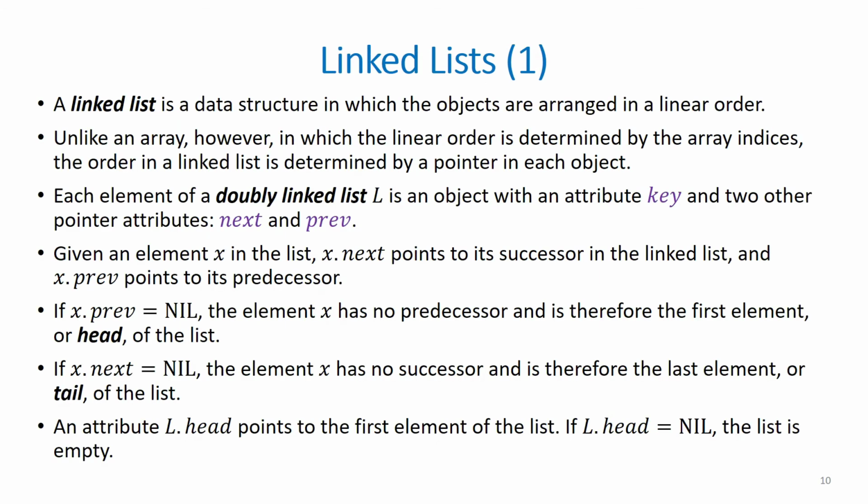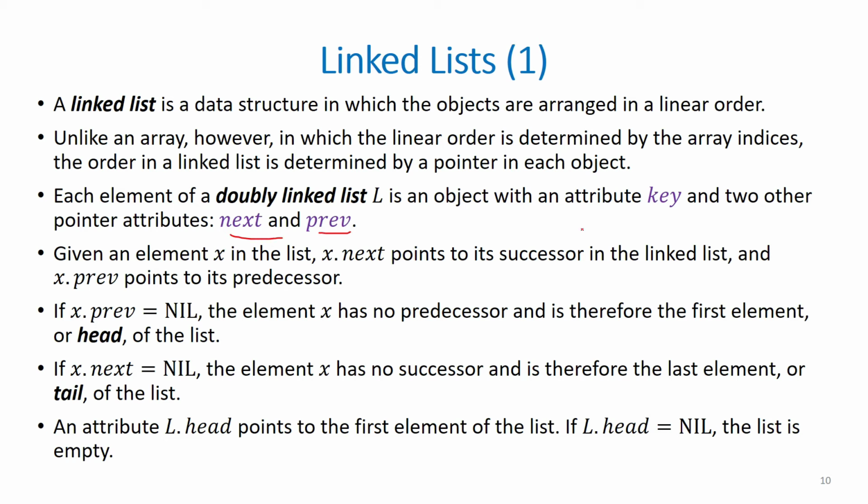The next data structure is a linked list and its variants, where the elements are arranged in a linear order. Unlike arrays, the elements in a linked list are supplemented with pointers pointing to other elements. Let us focus on what is called a doubly linked list, where each element is composed of 2 pointers, namely next and previous.